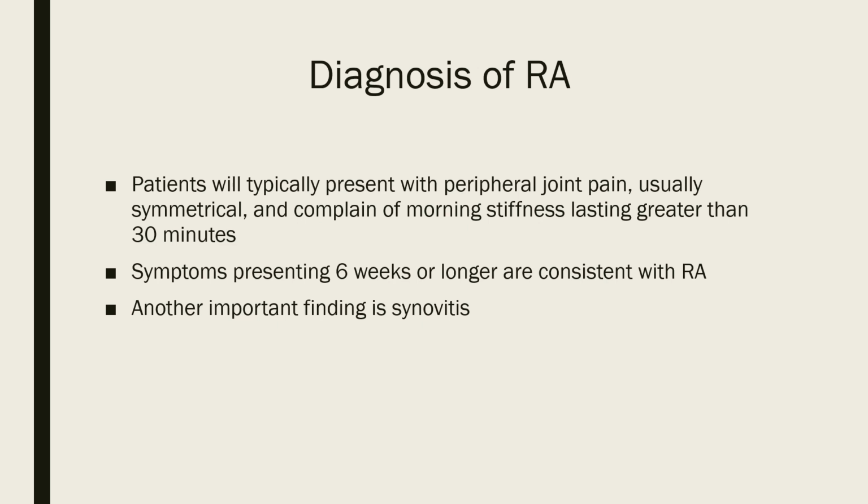So patients will typically present with peripheral joint pain, usually symmetrical, and complain of morning stiffness that is lasting greater than 30 minutes. Symptoms will present 6 weeks or longer, and this will be consistent with RA. And then another important finding will be the synovitis.